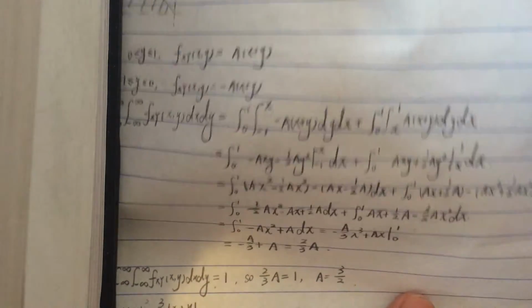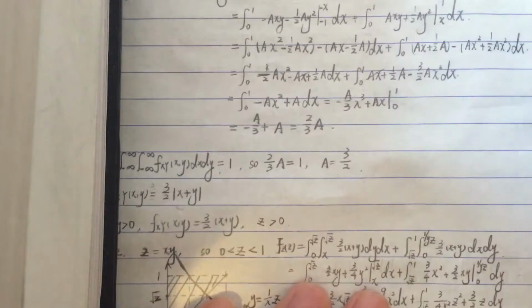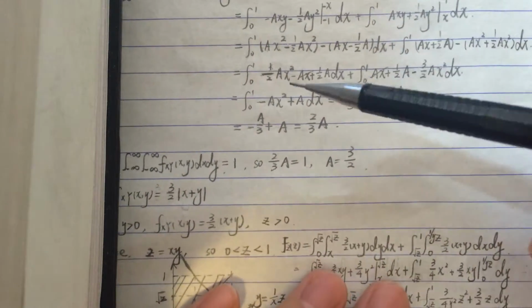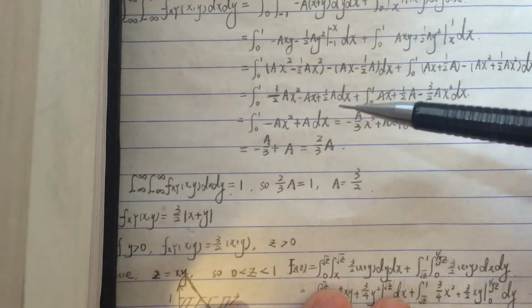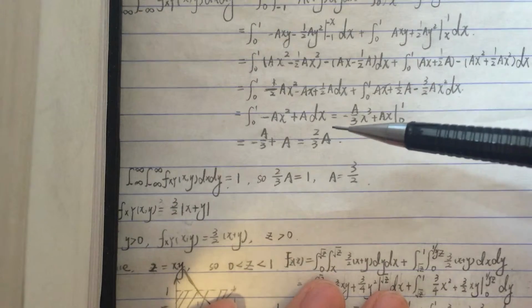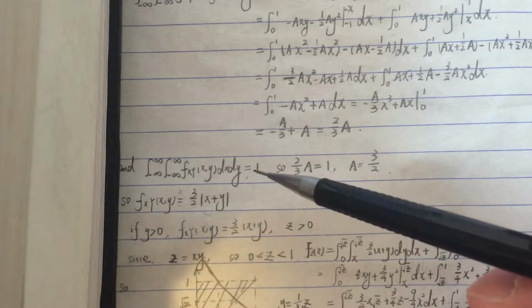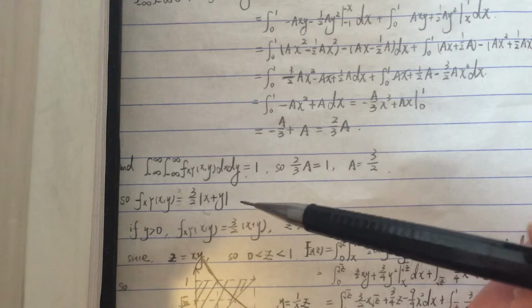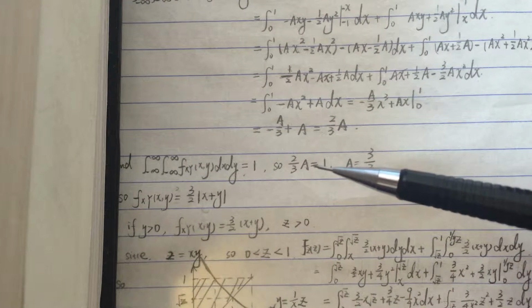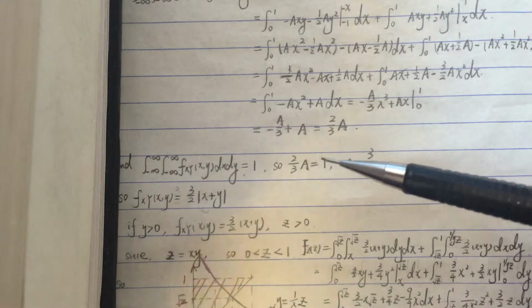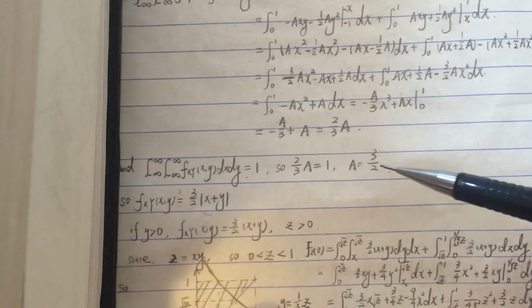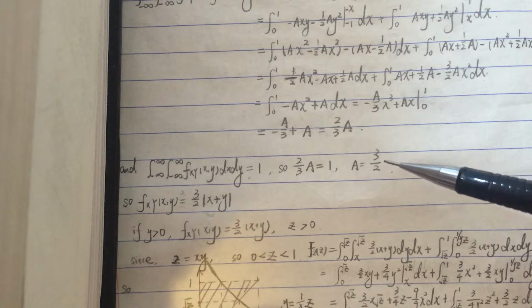After some calculation, we get that the final result is 2/3 times a, and this should be equal to 1, since this is a density function. So finally a will be equal to 3/2.